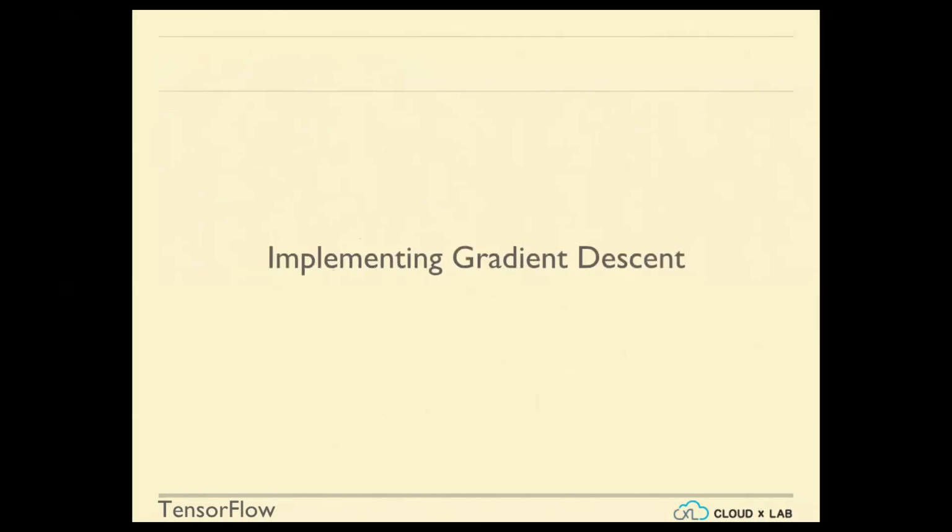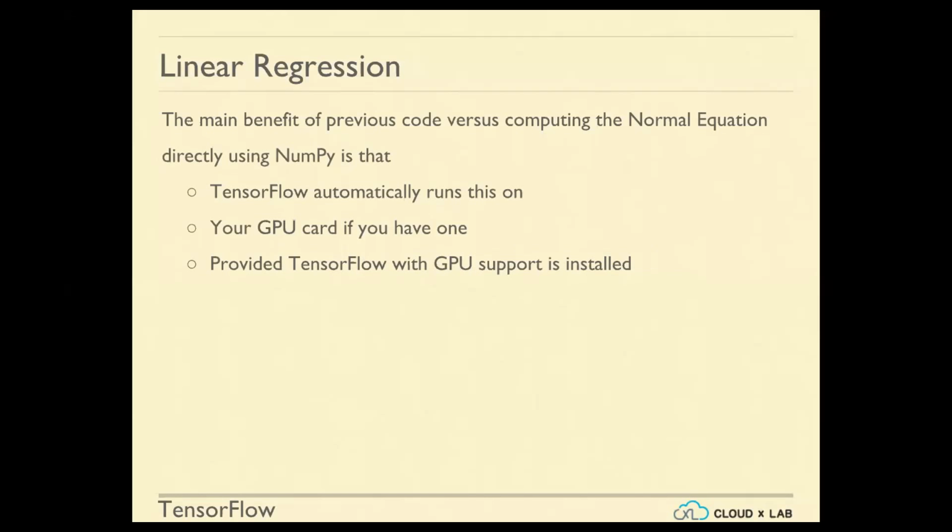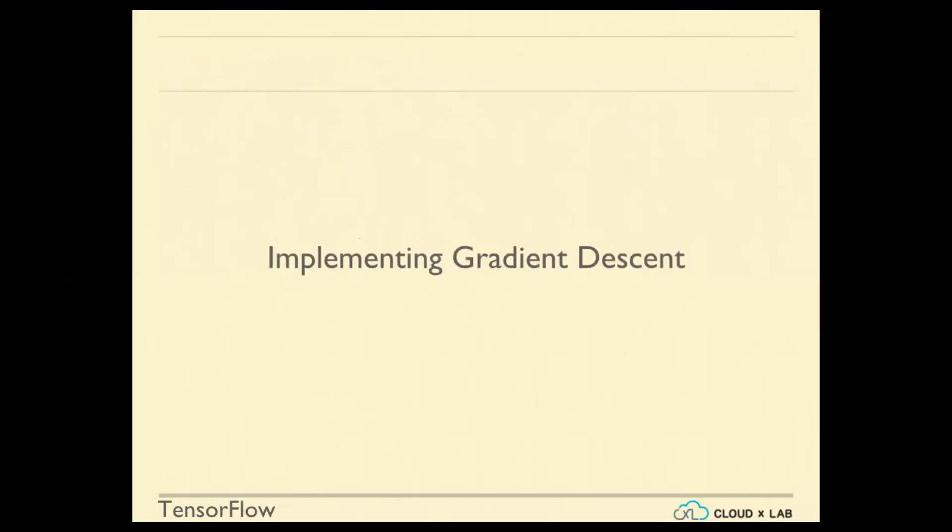Okay, next idea is the third approach. The first one was the elimination method. The second one was a numerical way of approximation called the normal equation. The third approach is gradient descent.